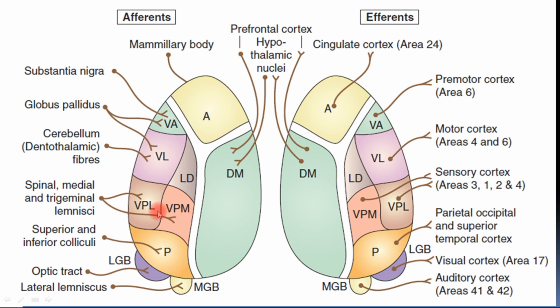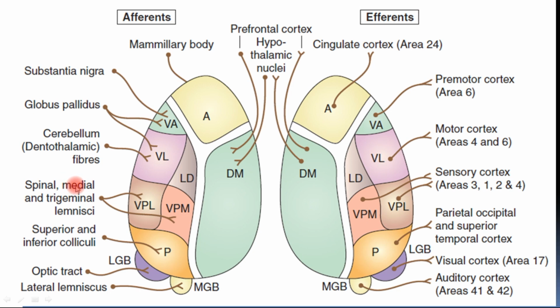These are receiving the sensation from the spinothalamic tract, medial lemniscus, that is the dorsal column medial lemniscus pathway, and trigeminal lemnisci. That means from the spinothalamic tract they are receiving the crude touch, the pain and temperature sensation.